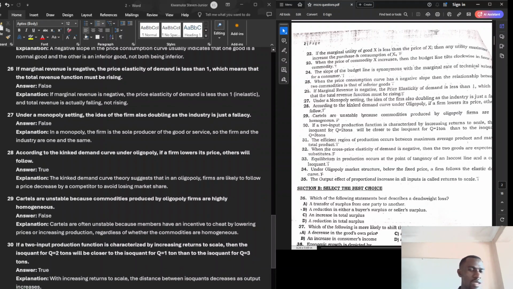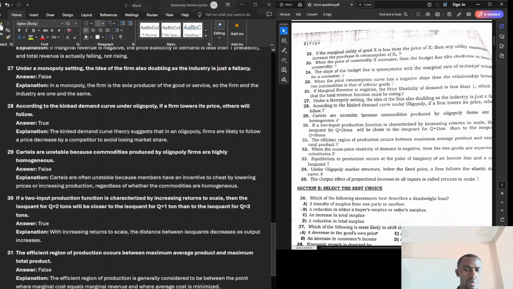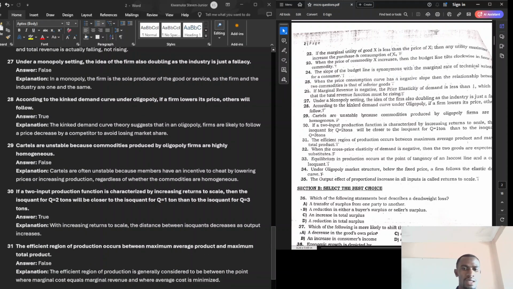When we talk about isoquants, we are relating to two inputs. If I still remember the definition very well, within increasing returns to scale, the distance between the isoquants decreases as output increases.